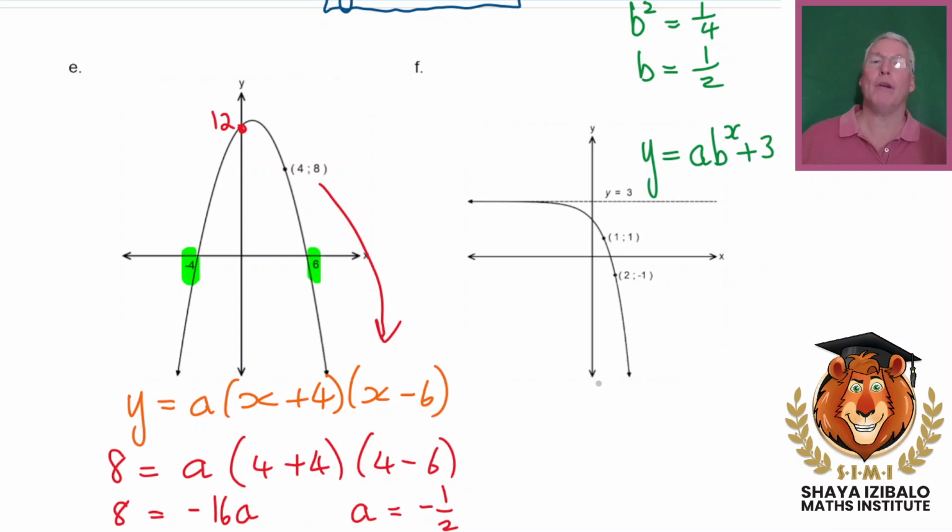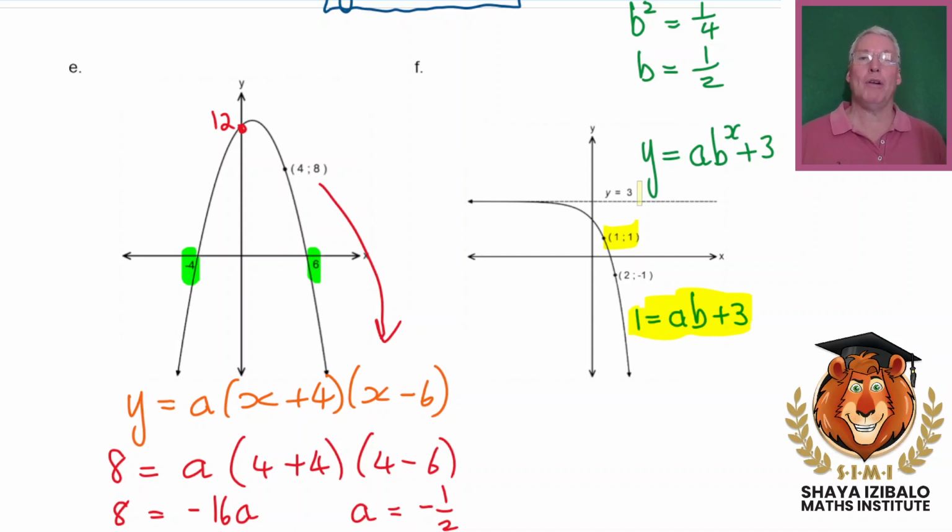Let's pop both these points in and see what happens. When we pop this point in, we're going to get 1 equals ab plus 3. Right, that's 1 equals ab to the 1 plus 3. Right, that is using that point, and we get that equation.